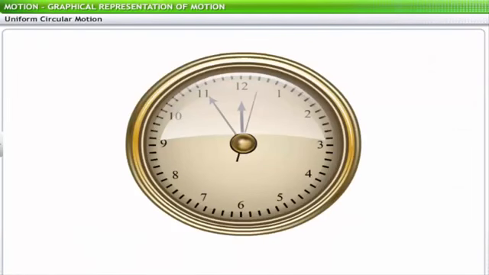Consider the movement of the seconds hand in a clock. As the clock ticks, the tip of the hand moves in a circular path, covering equal distances in equal time intervals. In each time interval, the hand subtends the same angle at the center of the clock.